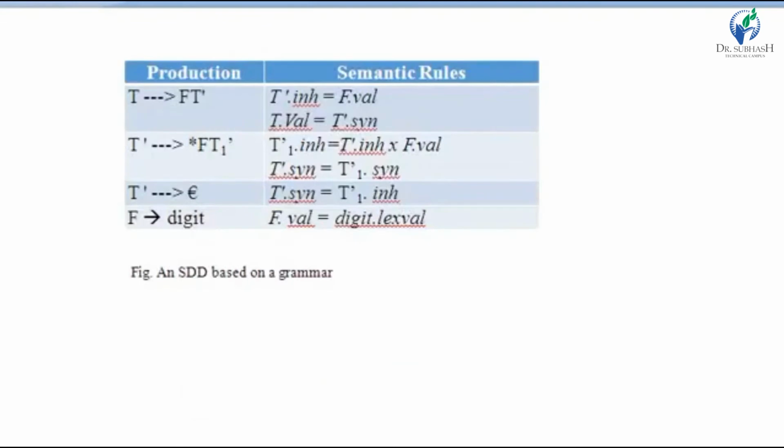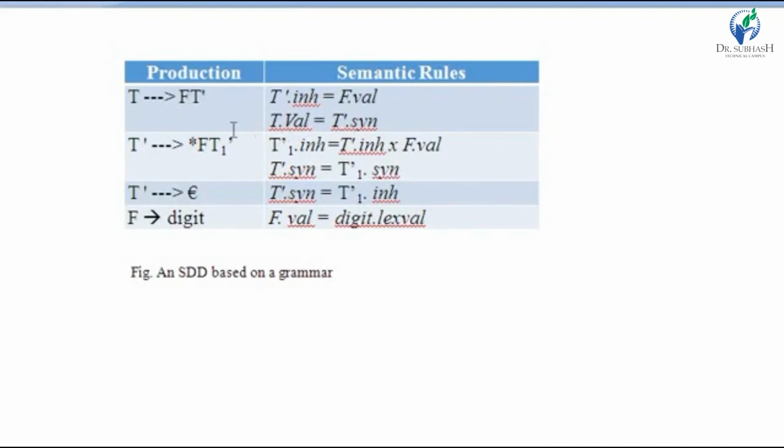Next one is inherited attributes. In an inherited attribute, values are calculated from either the parent or sibling of that node. So it is from top to bottom. Here the production T gives F T dash.